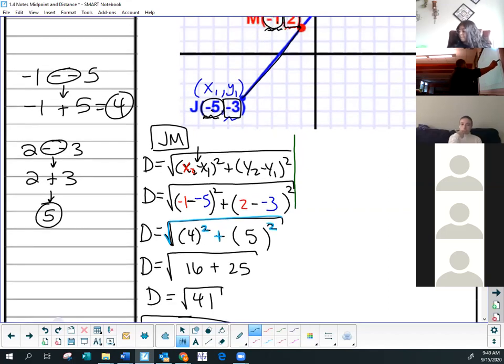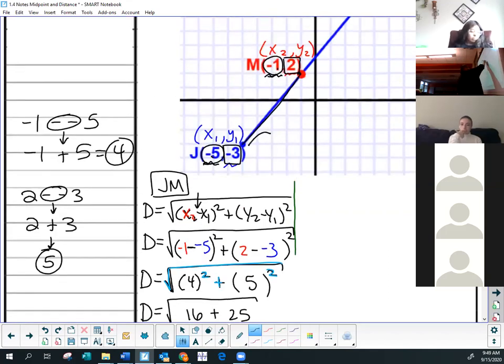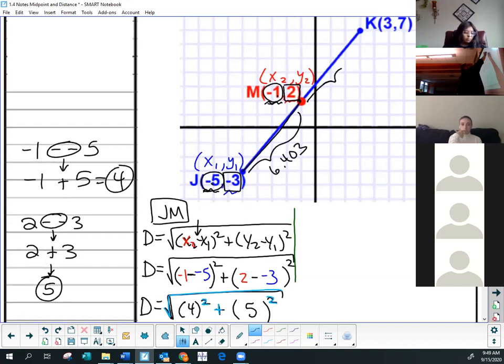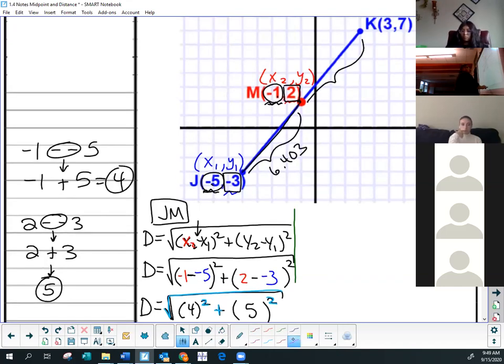Okay, so we know this length is approximately 6.403, which means N is a midpoint only if this distance is as well. And so that means now we have to check MK. If you haven't moved on to try that yourself, can you try that right now? I'm going to give you 90 seconds.